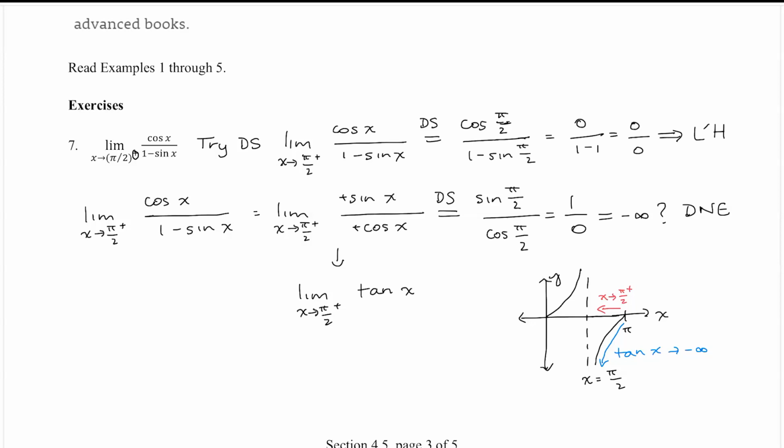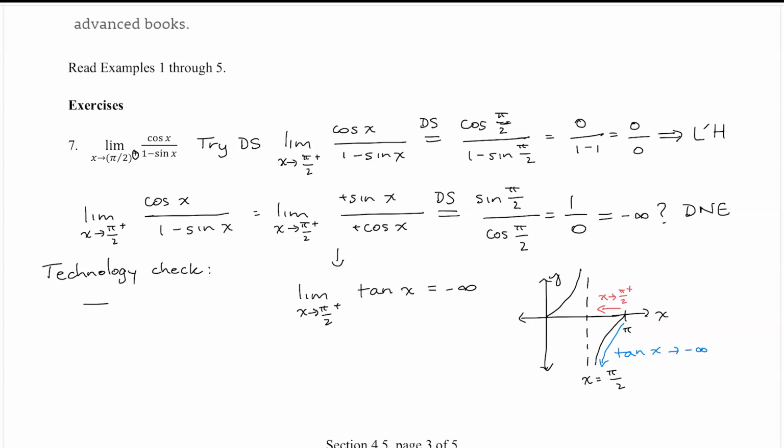Oh yeah, it's going to negative infinity. So tan x, we say, is decreasing without bound as x approaches pi over 2 from the right. We might have noticed that a little bit sooner, but it's okay. The way we did it is fine as well.